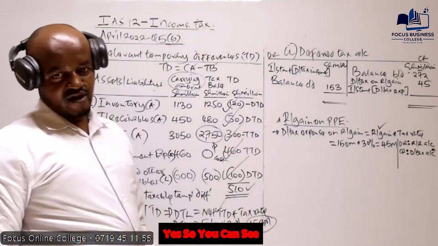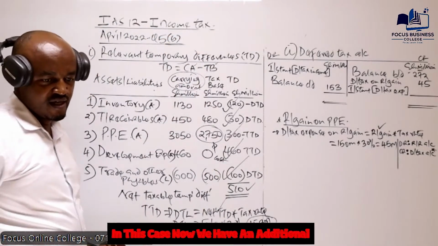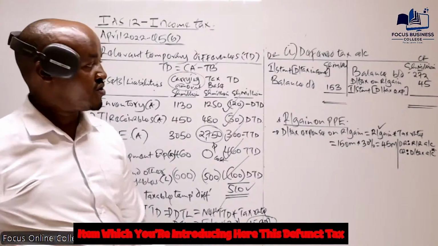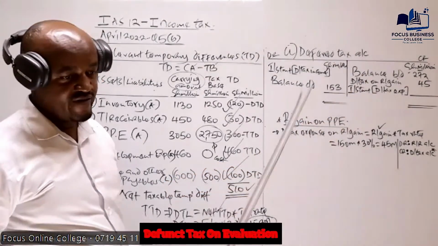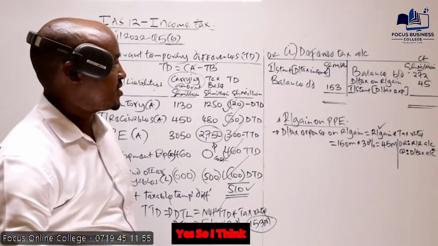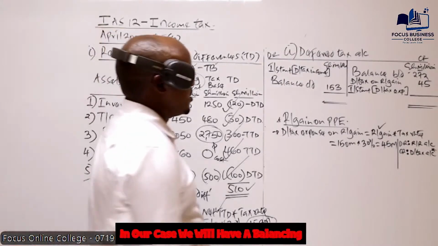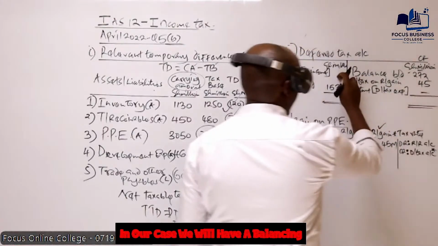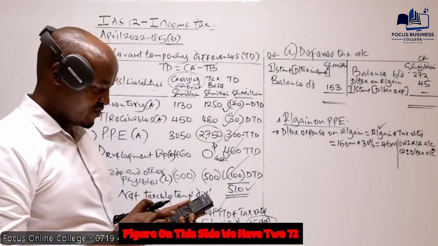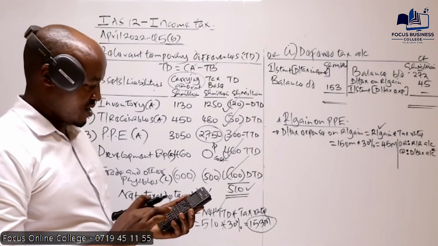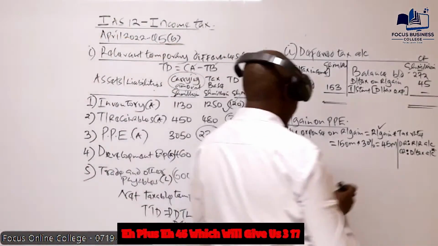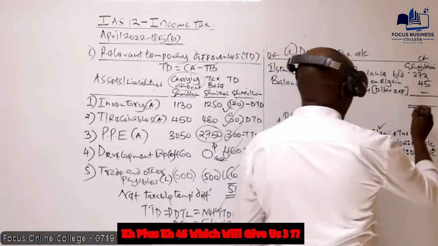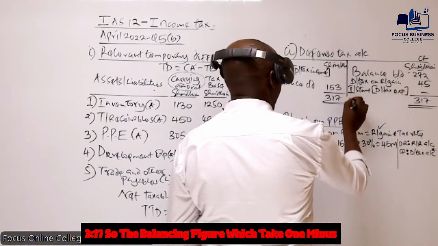So you can see from what you have done in the other question, in this case we have an additional item being introduced here, the deferred tax on revaluation gain. In our case we will have a balancing figure on this side. We have 272 plus 45 plus 45, which gives us 317.